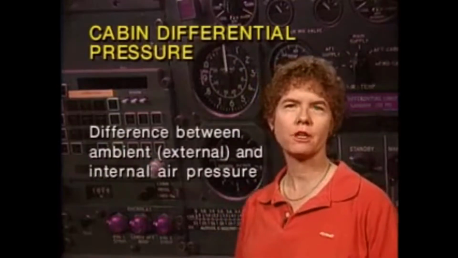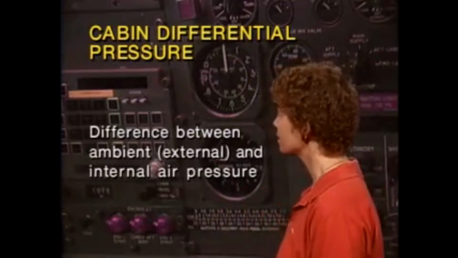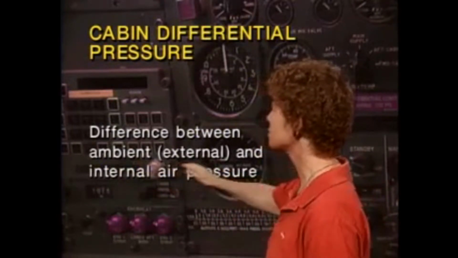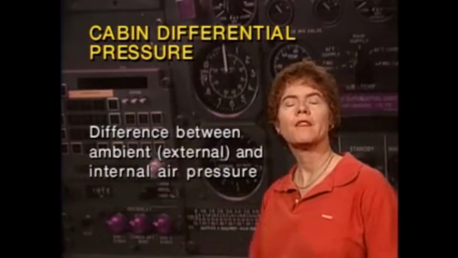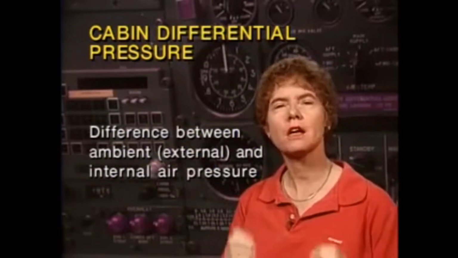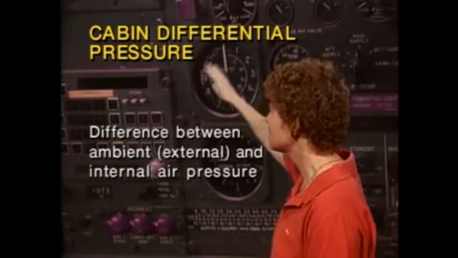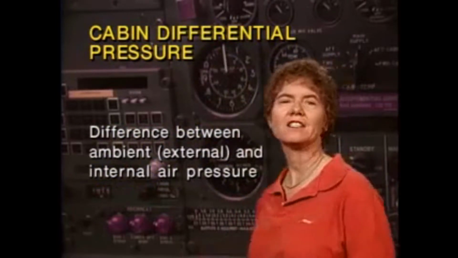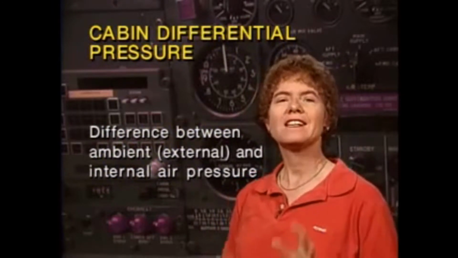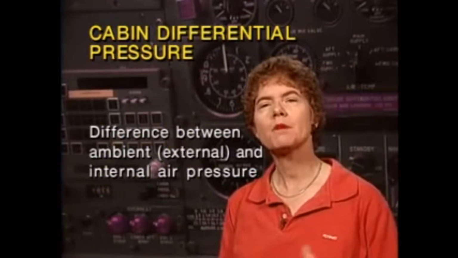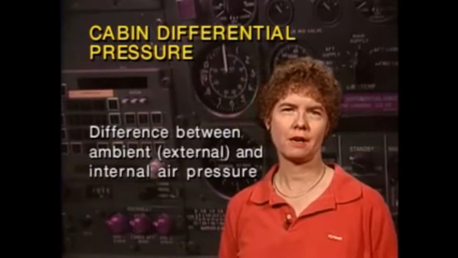So cabin differential pressure is the difference between the ambient or external air and the internal air pressure. The cabin differential pressure can be measured on the cabin differential pressure gauge. It's got nothing whatsoever to do with mean sea level, and it does not measure the cabin pressure controller setting.